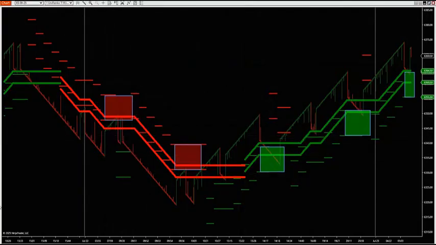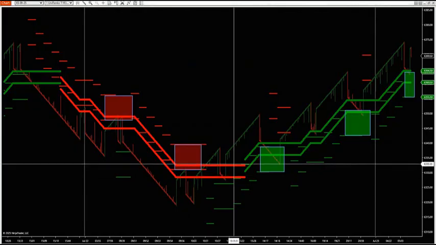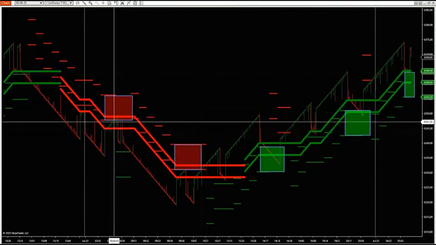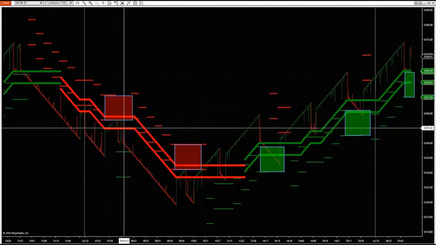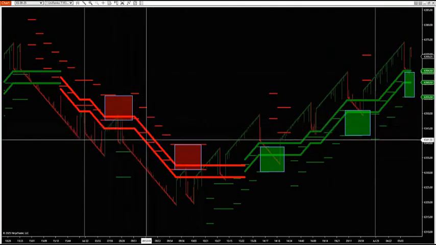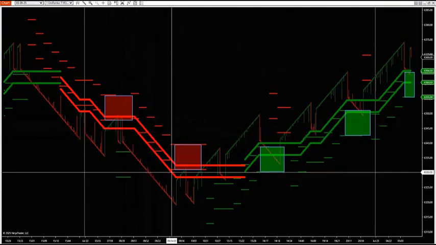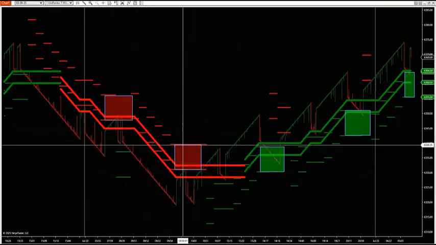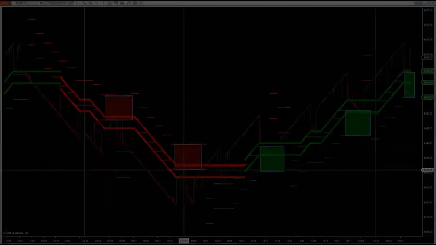Now, the question I get a lot is, okay, I understand that we are in a downtrend with the red trend filter being red, and I only want to sell when I get into or at these sell zones.